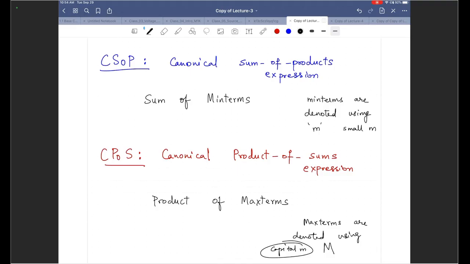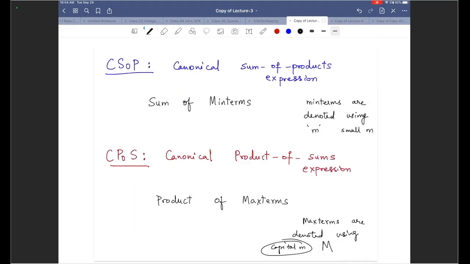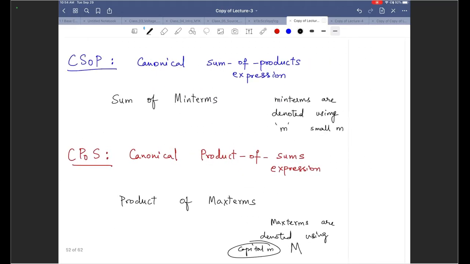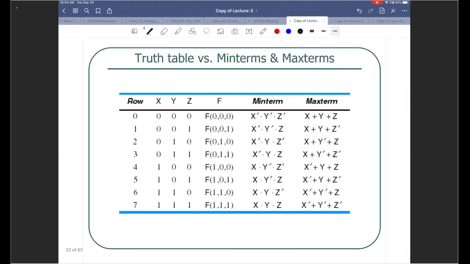Now this is important because we are going to refer to minterms and maxterms using the row numbers very soon. So all we can do is use m with a subscript which is a number. That number corresponds to a particular row in the truth table. That's how we can talk about minterms. So let's do that over here. Here we have a truth table.